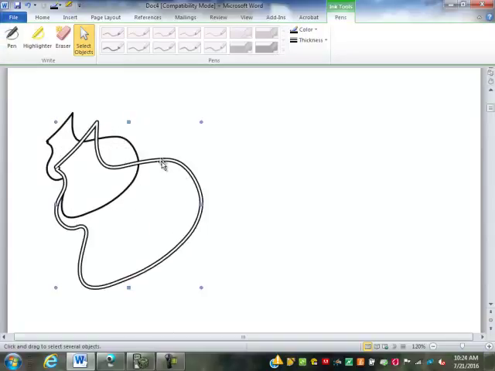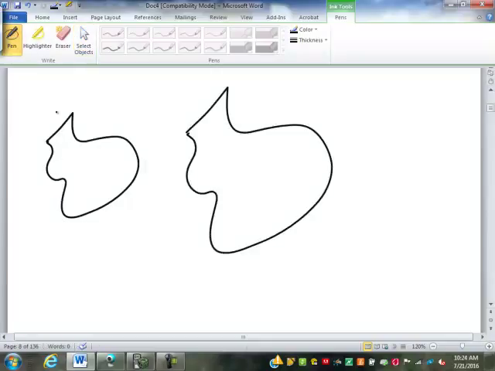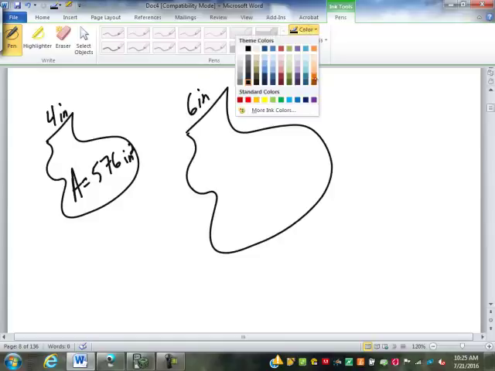I'm not saying necessarily that one, but let's say that's 4 inches and you know its area is 576 inches squared.